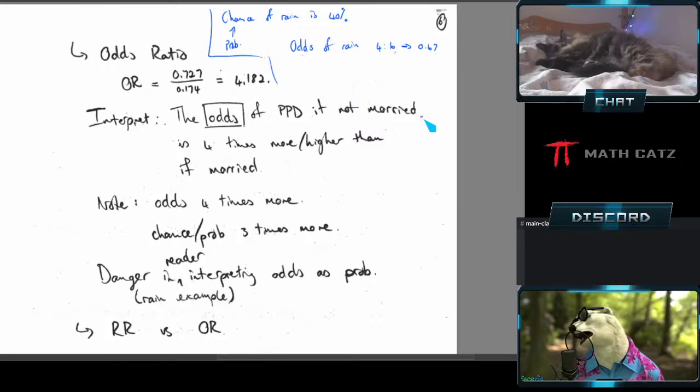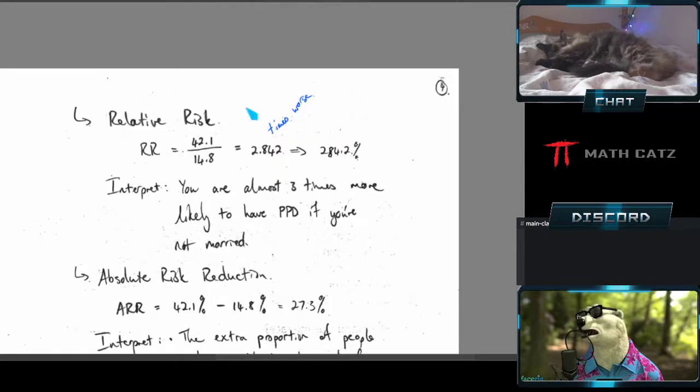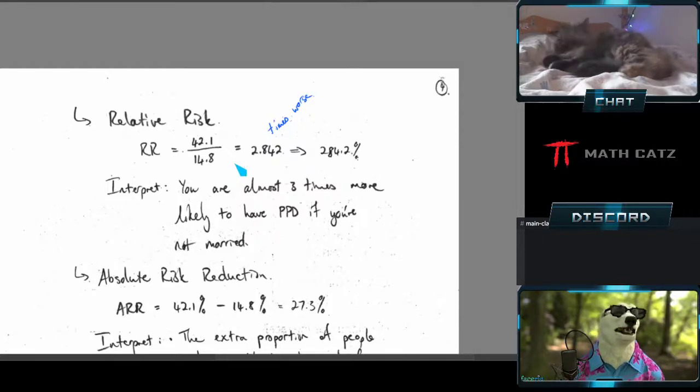So even though the author isn't being unethical and manipulating data by presenting an odds ratio of 4.182, the more important question, in my opinion, is should they present the odds ratio, knowing full well that there is a high chance of the reader not really understanding what this 4.182 represents, when they could present the relative risk, and there's a much higher chance of the reader understanding what this 2.842 means.